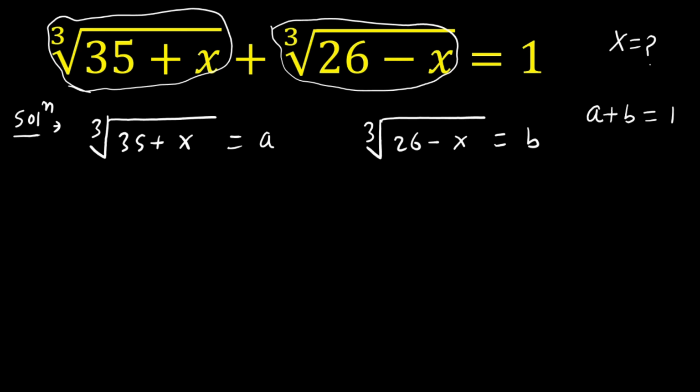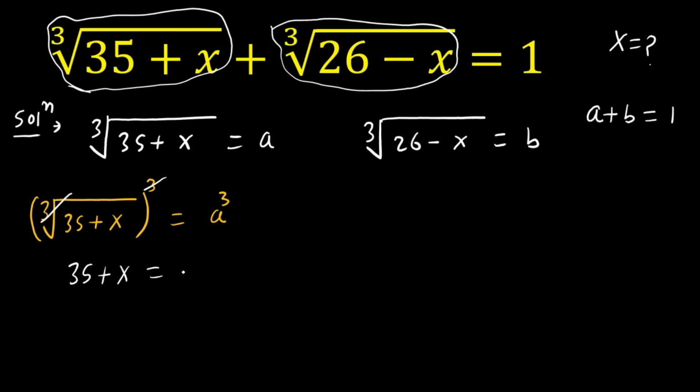Here if we take cube on both sides, then on the left hand side cube root of 35 plus x is a, and taking cube, the cube root and the cube cancel out, so 35 plus x equals a power 3.